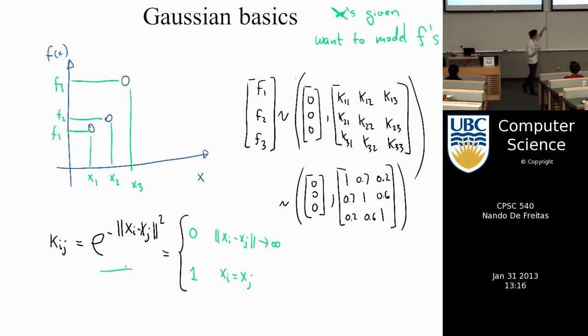I'm not intending to describe the x's. The x's are given. I'm only using the x's to construct k. But the distribution is over f, the height. Just like in linear regression, the distribution is over the y's, the height, not of the x. The x is an input that you're given, and then you need to make a prediction f.